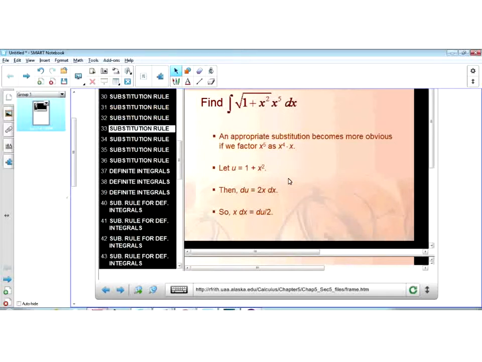So x dx is equal to du over 2. So we're left with something like this: the square root of u, and then x to the 4th times x.